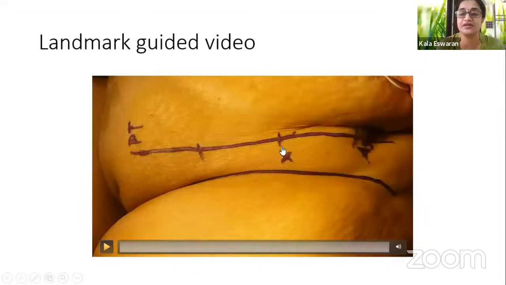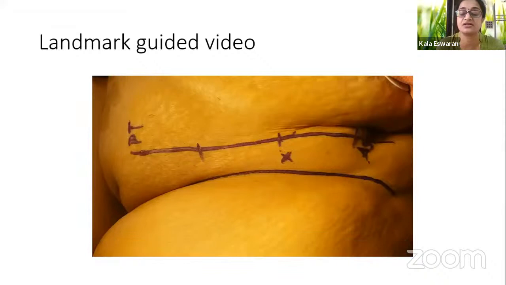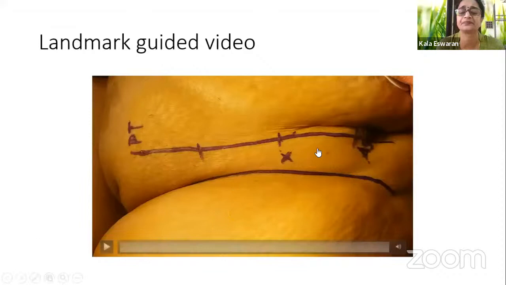If the patient is obese, you can go up to 1 to 1.5 centimeters down, that is caudally, but not beyond the inguinal crease, and that is the point of needle entry.